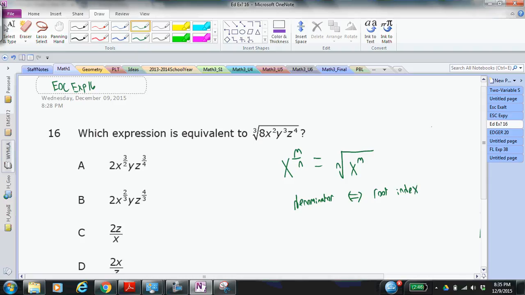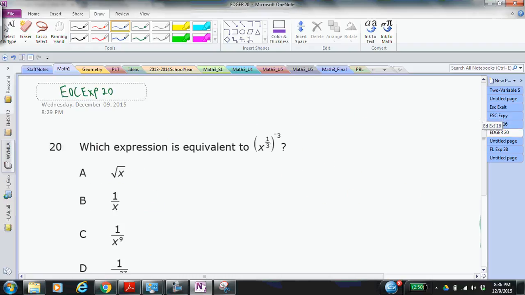The root index becomes the denominator, so this number will become the denominator of every fraction: x to the 2/3, y to the 3/3, e to the 4/3. The 3 became the denominator in every single one of those instances. Now for the first one, that's 8 to the 1/3, which you can type in your calculator. See that that's a 2. So I have 2x to the 2/3, y to the 3 divided by 3 is 1, e to the 4/3. So that is b.